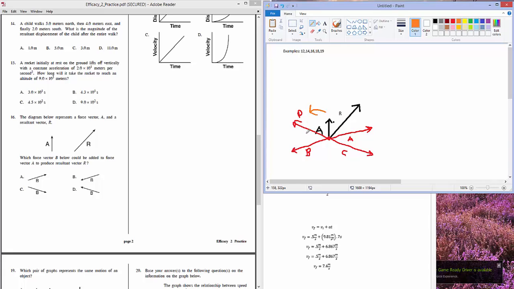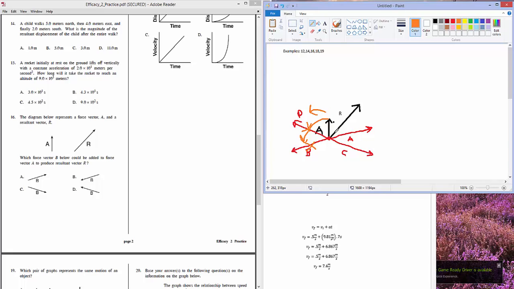So this one's not going to cut it, because we don't want to bend the vector this way. We want the vector to go up towards R. That's the goal here. This one is going to bend this vector down towards B, which still doesn't make any sense. So that leaves us either choice A or choice C.